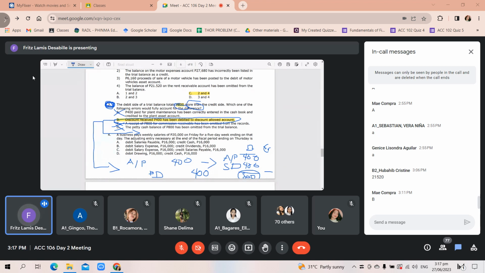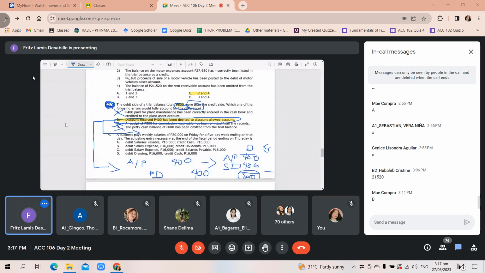So actually I'm not really quite sure why B is the answer, but I know that A, C, and D is wrong. So that's why I concluded B is the answer. Since we are using MCQ, the process of elimination is a valid way to approach a question or a problem. Okay?